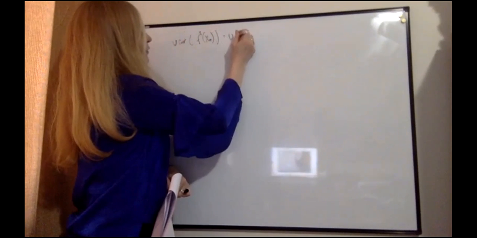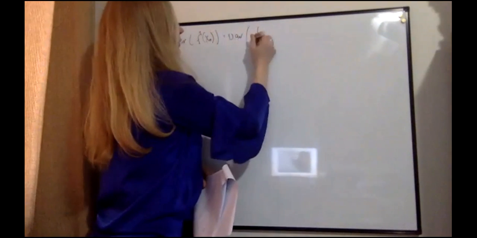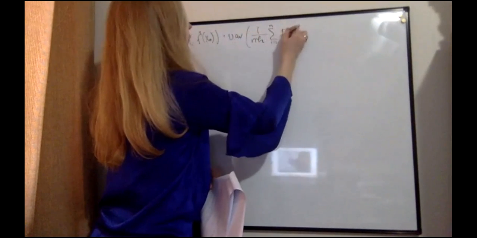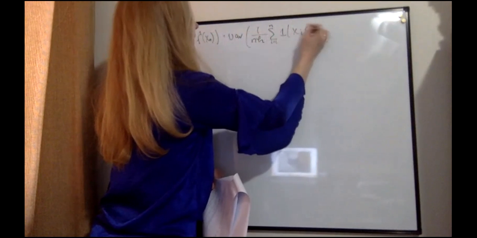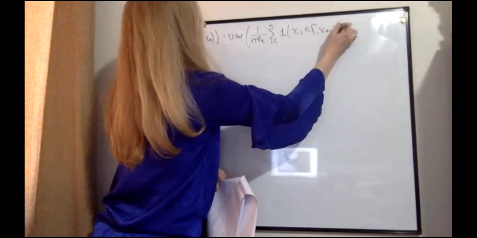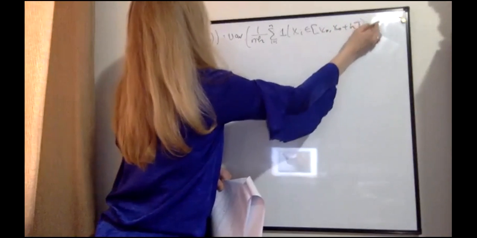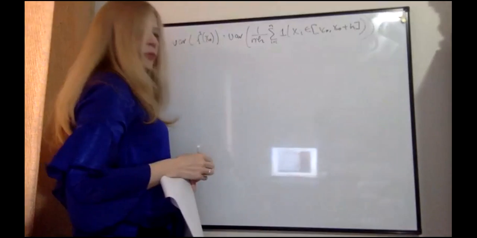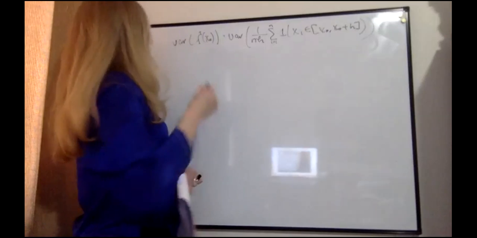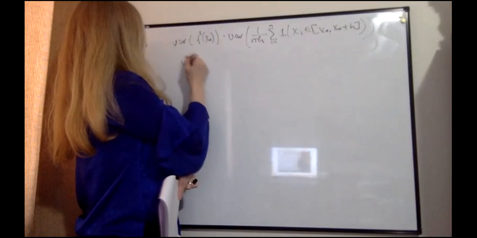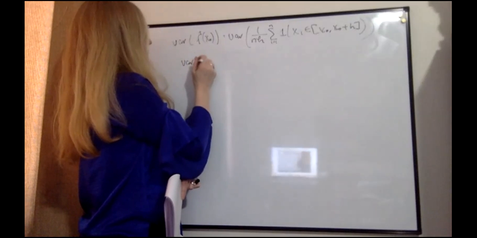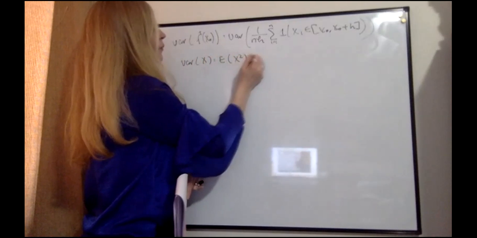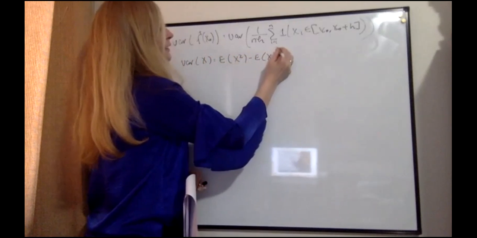Okay, so we're looking for the variance of 1 over nh times the sum of the indicator that xi is in this bin. What we're going to use here is to simplify this sum. If I take the variance of x, that's equal to E of x squared minus E of x quantity squared.